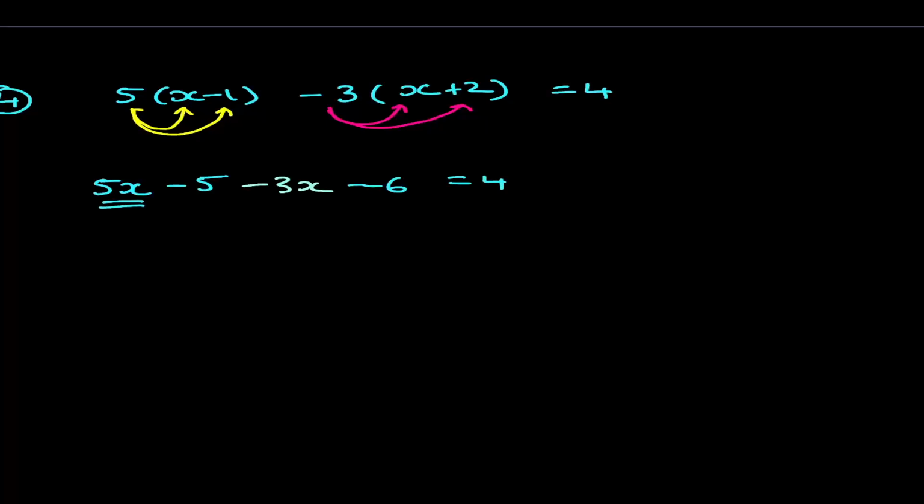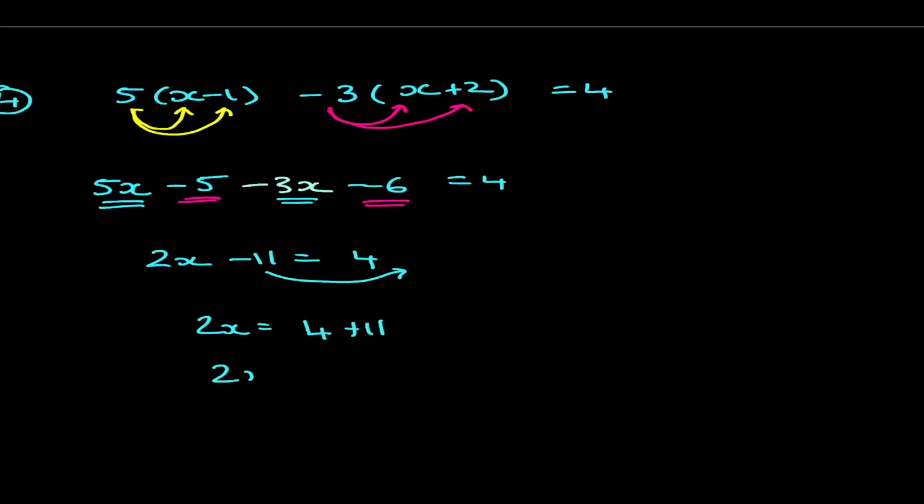Now we could collect like terms. So you've got 5x take 3x, which is 2x. And be careful of this one because we're going more negative. Neg 5 take 6. So that becomes neg 11. And we know that equals 4. Then we're going to bring that neg 11 to that side. So we have 2x equals 4 plus 11, which is 15.